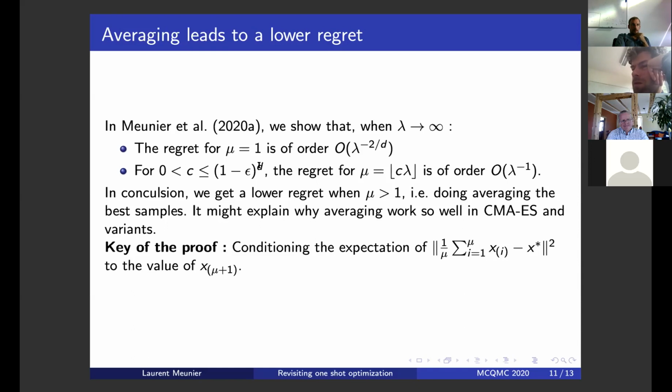So the key of the proof of this result is the following: we need to condition the expectation of this thing on the value of x_(mu+1), because the average here will be independent of the permutation, because everything that is inside the level set of f of x_(mu+1) is like if we resample, we don't care.